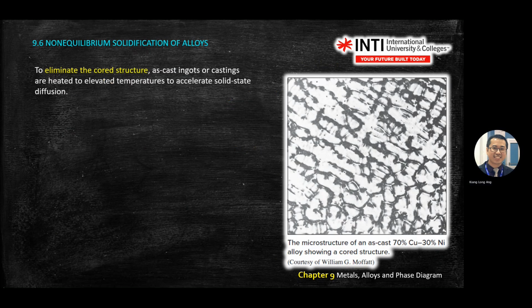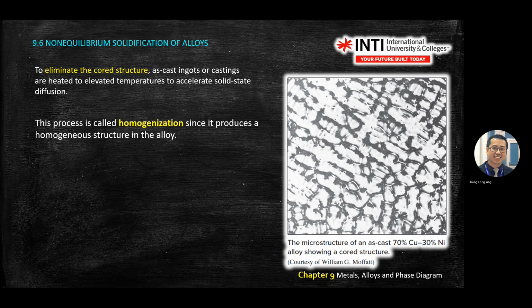Okay. So we want to eliminate this kind of behavior, the cored structure. So the ingot, previously when we learned about the process, ingots or castings are heated to an elevated temperature to accelerate solid state diffusion. This process is called homogenization. Right?